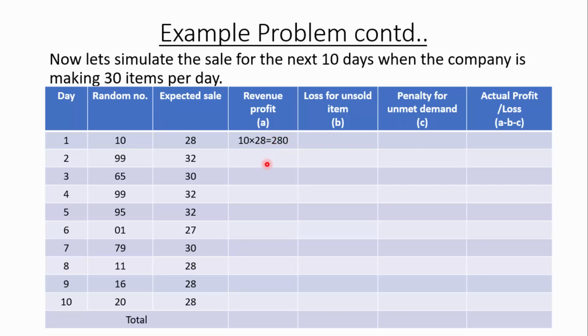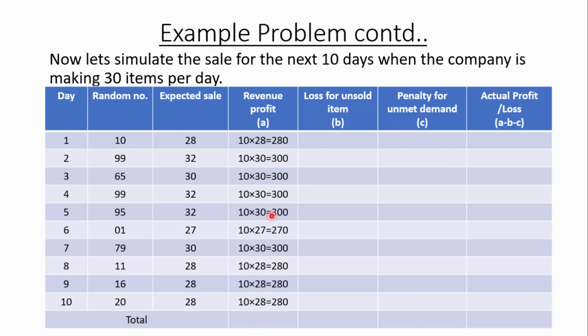Similarly, for the second day, the expected sale is 32, but the company manufactures only 30 items per day, so it can sell only 30 items, and the revenue generated here will be 10 into 30. Similarly, we will calculate the revenue profit for each of the 10 days. So here we have calculated the profit value for each of the 10 days.